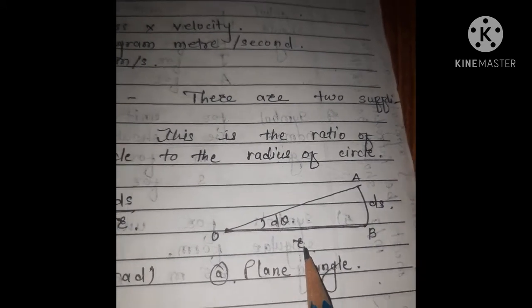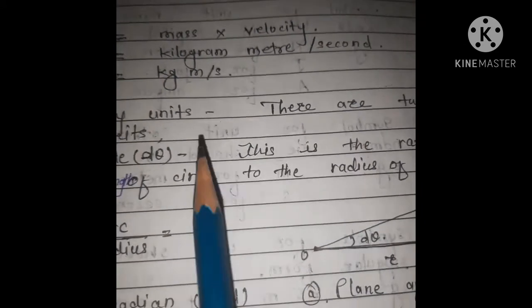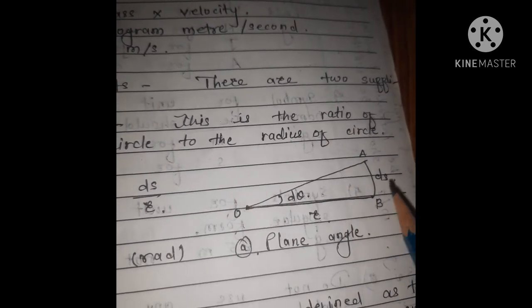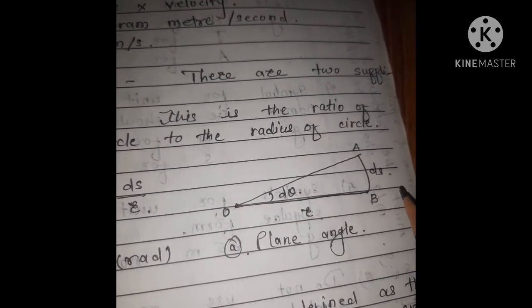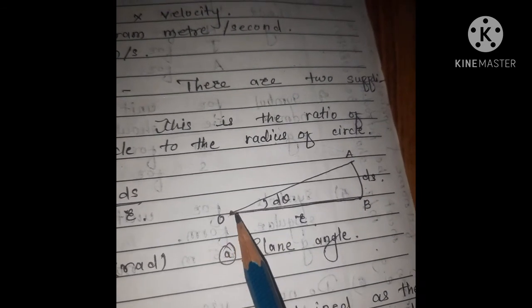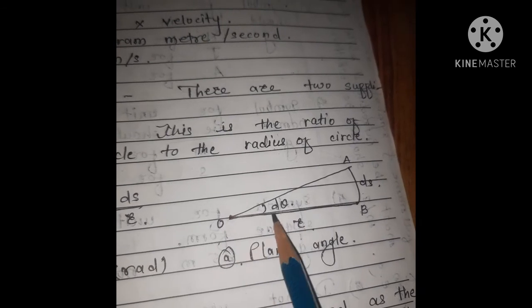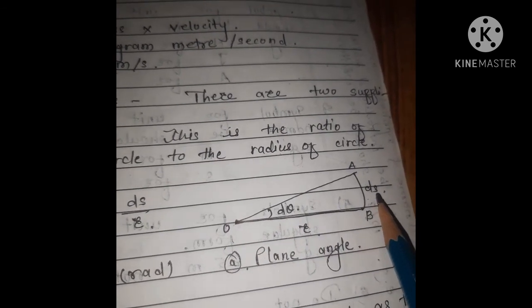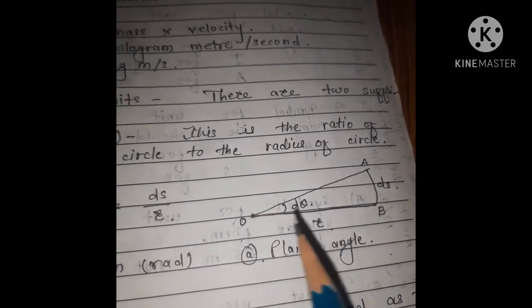Therefore by definition of plane angle, we can write plane angle d theta is equal to arc length AB divided by radius OB. Therefore we can write ds divided by r.